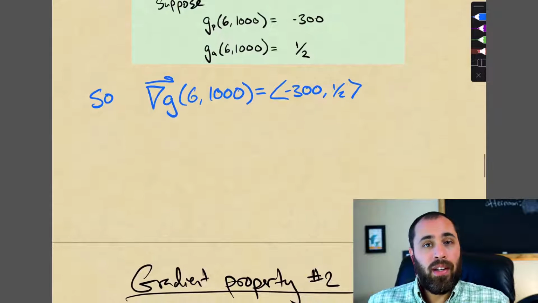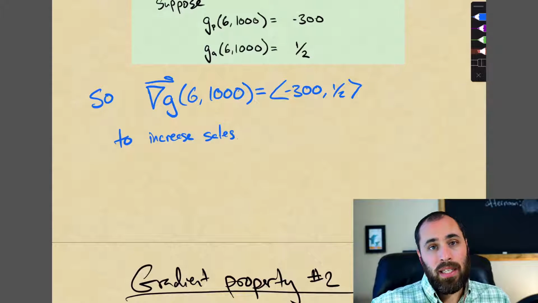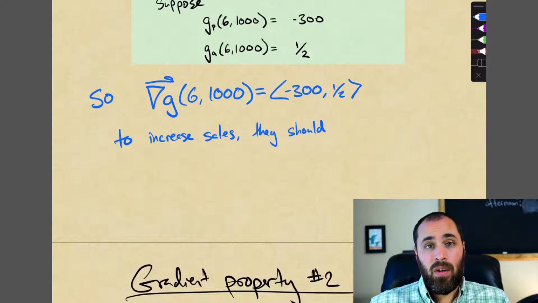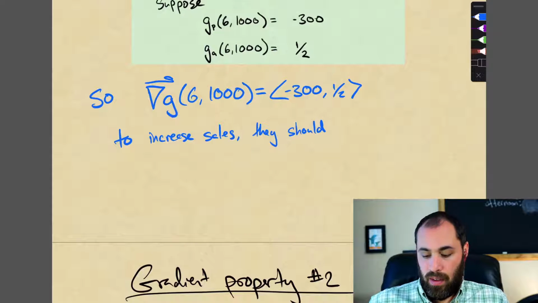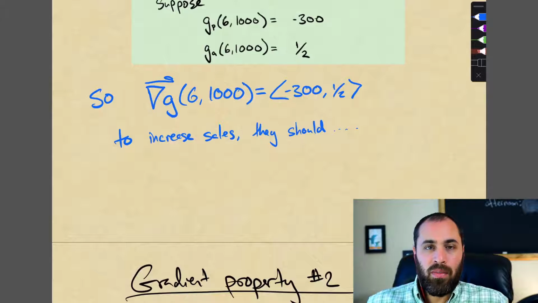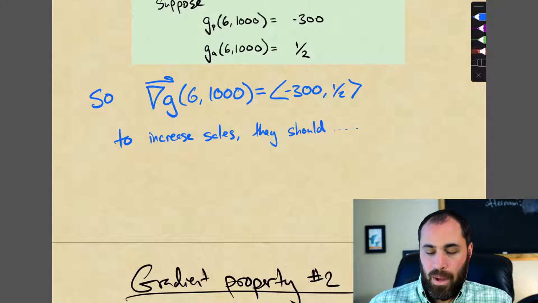The fact that the gradient points in the direction of steepest increase means that if we wanted to sell more pints, we could talk about a ratio of decreasing the price and increasing the ad budget. I don't want to say we can decrease the price by $300. That doesn't really make sense. But think about the ratio.